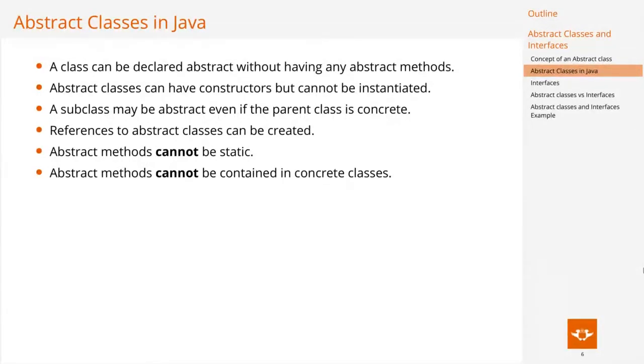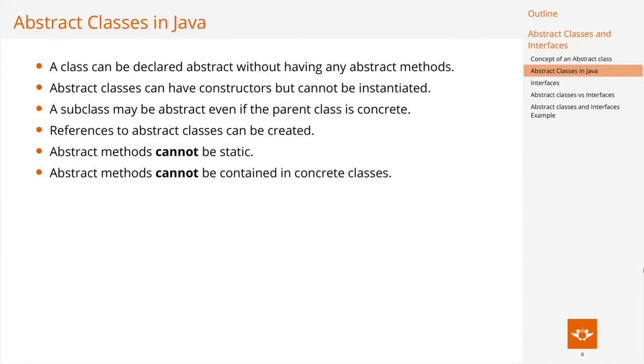You can have a mix of abstract methods, so pure virtual functions if you look back in C++, and functions that have implementation. You can mix both. But as soon as you have an abstract method, you have to have an abstract class, but it's not true the other way around. An abstract class can have no abstract methods, but some other implemented methods.